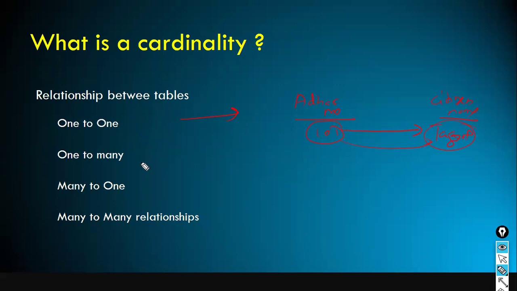And what is a one-to-many relationship? You have an employee table and a project table. In your company, they are executing multiple projects. For each employee, let's say the employee name is Preeti, and she is working on more than one project.